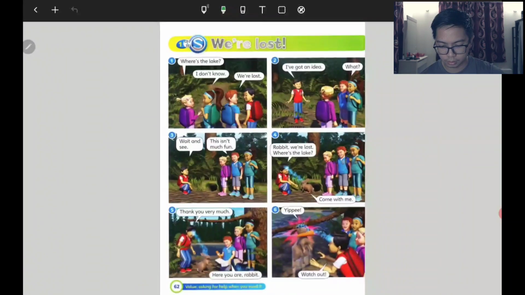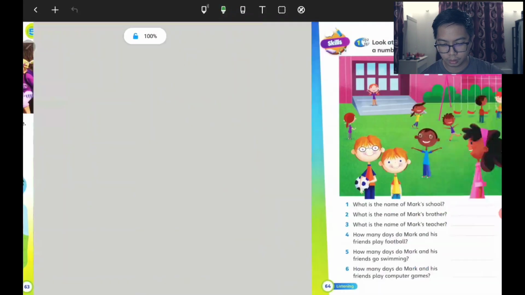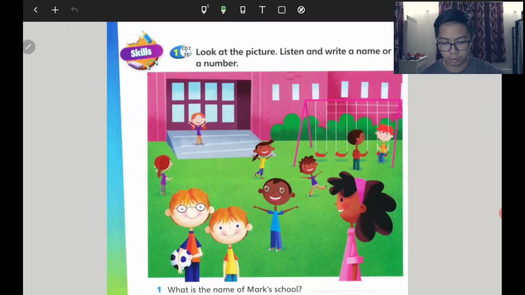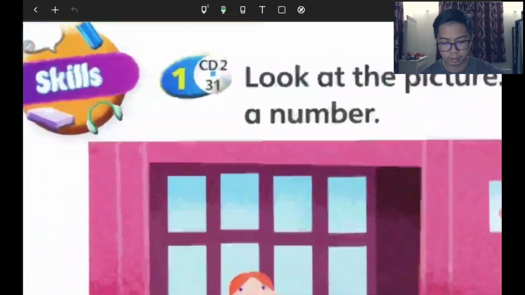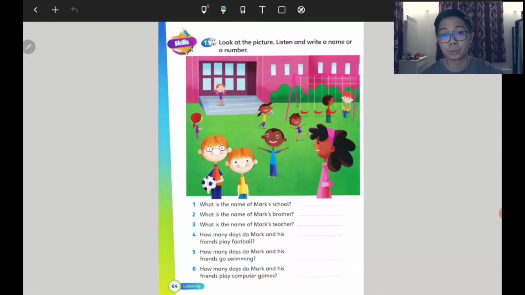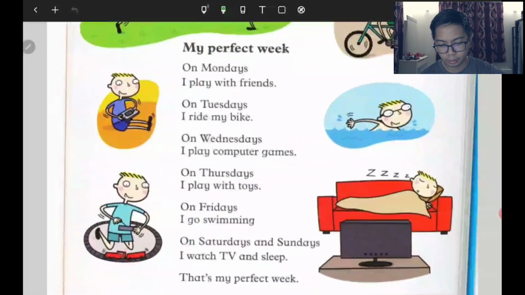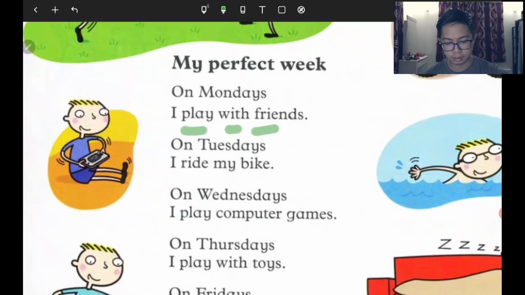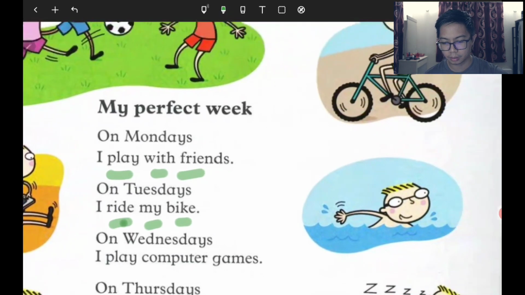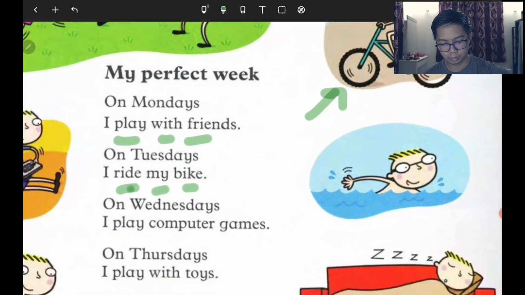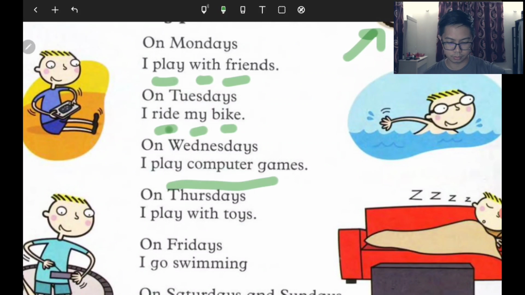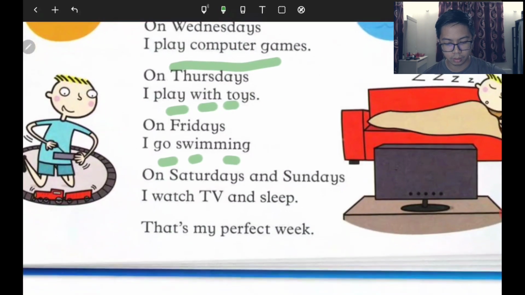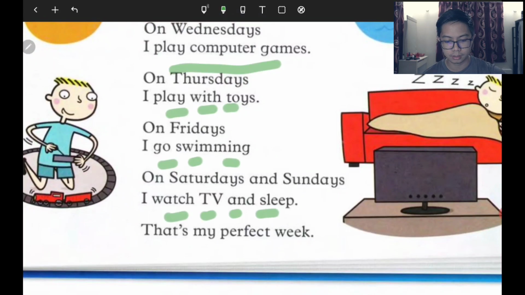So this is the story. Okay, we have done this activity previously by listening to this CD at school. Okay, other activities: play with friends, ride my bike. For here, play computer games, yes, play with toys, go swimming, watch TV, and sleep.